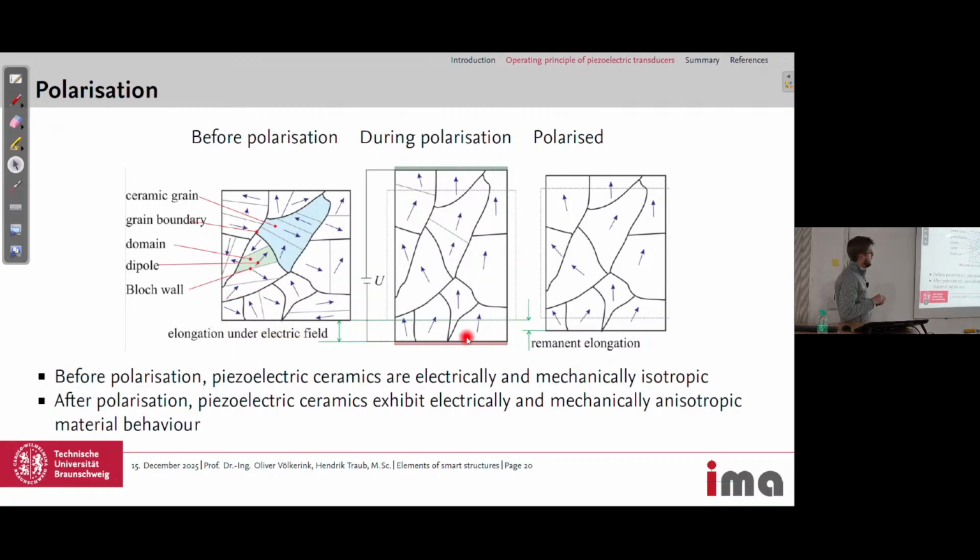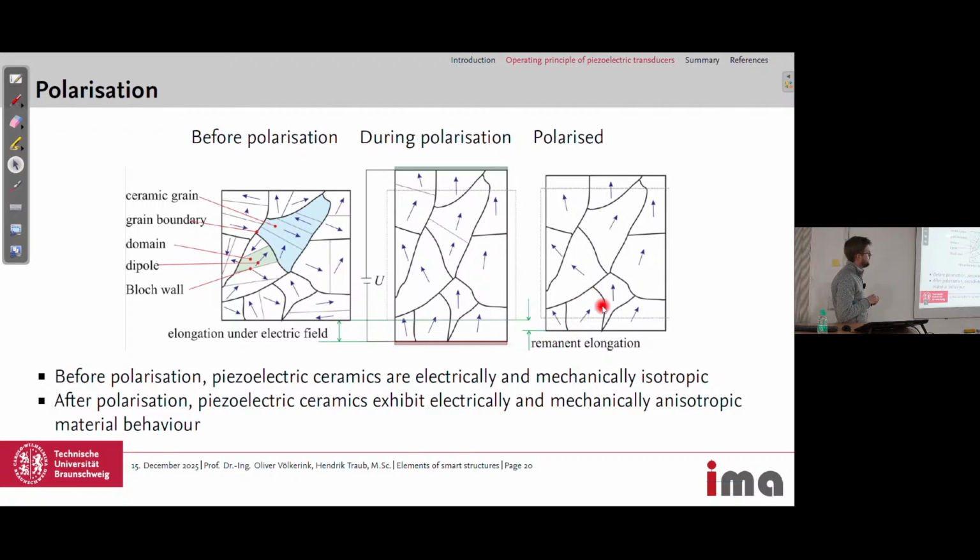Then we apply the electric field. Here are the electrodes on top and at the bottom, and this aligns the dipoles in the grains, and some domains will vanish, because then we have the same dipole orientations in neighboring domains.